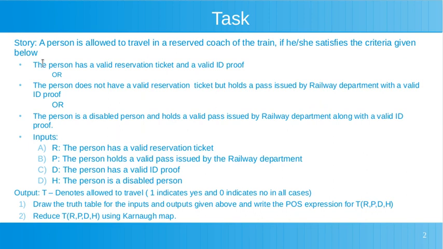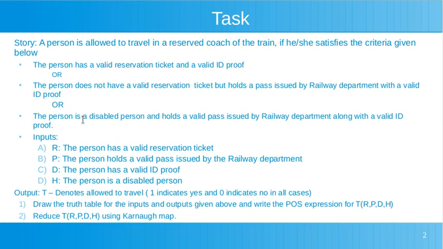So first condition is the person has a valid reservation ticket and a valid ID proof. Second condition is, or, does not have a valid reservation ticket but holds a pass issued by railway government with a valid ID proof.